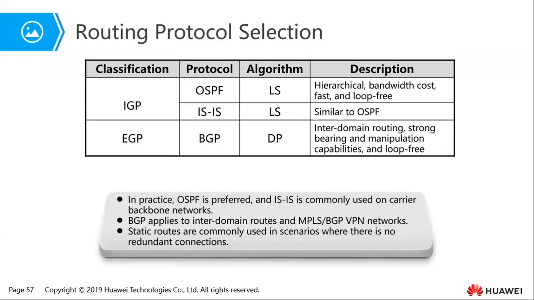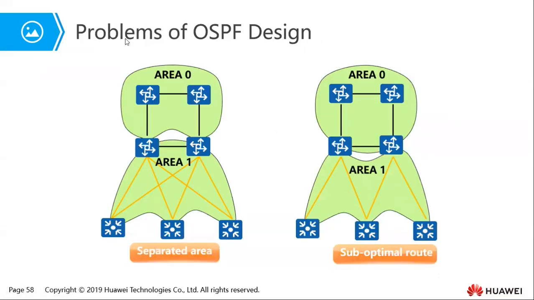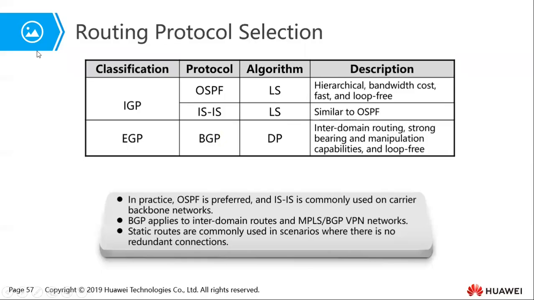Then the other thing you need to consider is the routing protocols, so that you know which one to select. Routing protocols are broadly divided into 2 categories: interior gateway and exterior gateway protocols. Interior ones are used within an autonomous system or a single domain. Exterior ones are used to interconnect different autonomous systems.